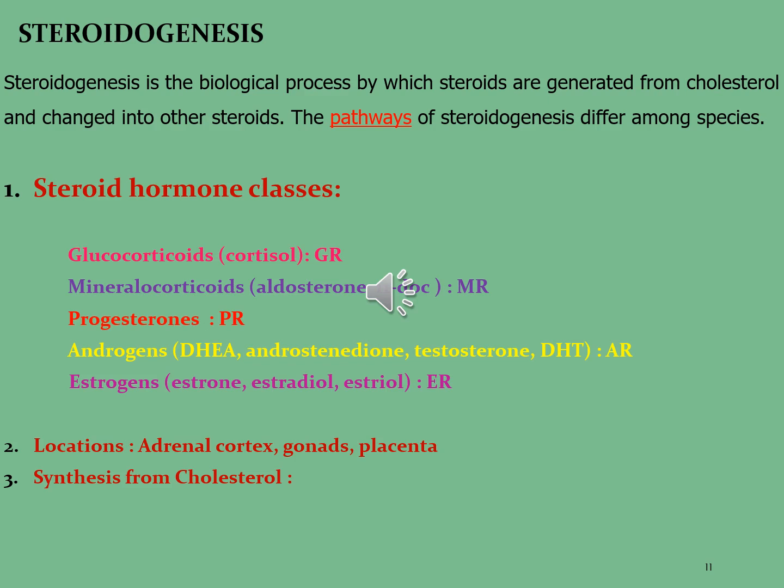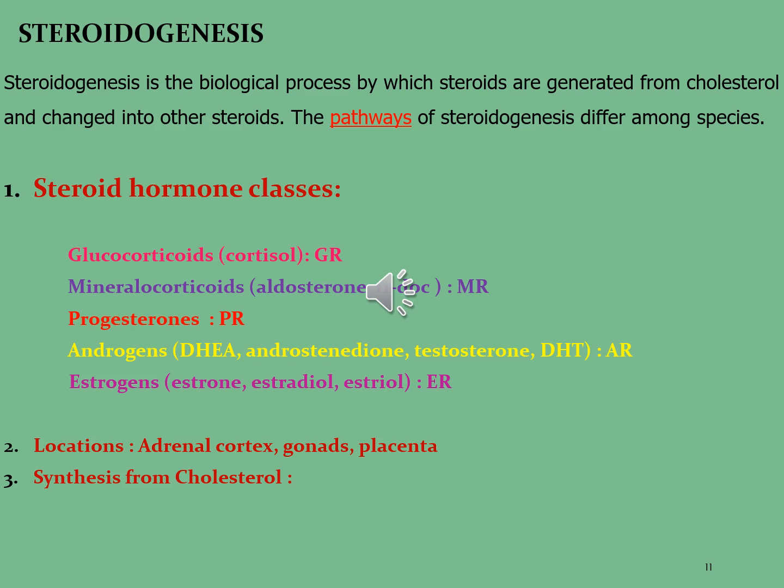We are going to look at when these hormones build up. This is typically because of an enzyme defect that we will talk about later, or sometimes hormone-secreting tumors. So the next one is progesterone, that is represented by PR.